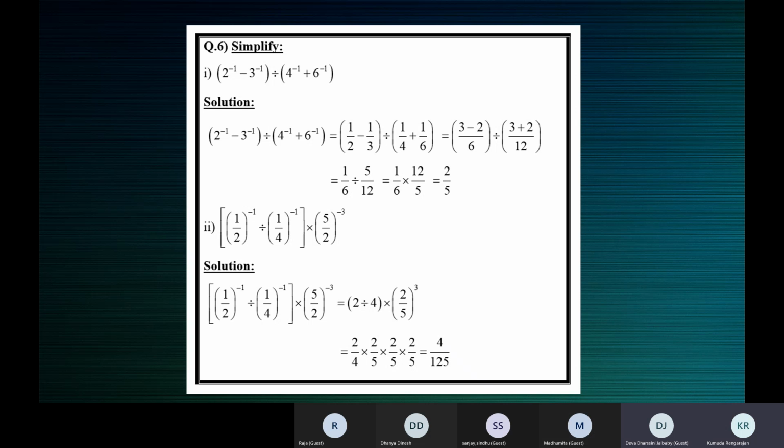Somebody's mic is enabled. Please disable your mic, children. Children, first go through the answer and then start writing. Do not blindly copy from the screen. First take your time, go through the steps, understand the steps, and then you can write. We have understood, but just see the complete working.